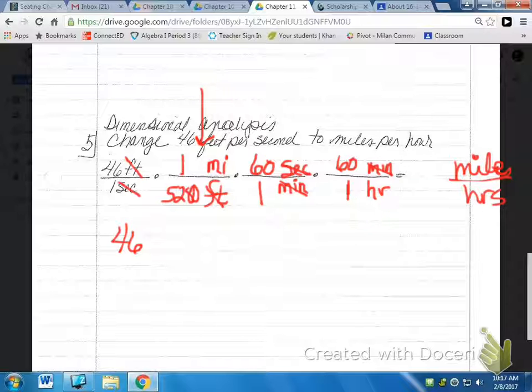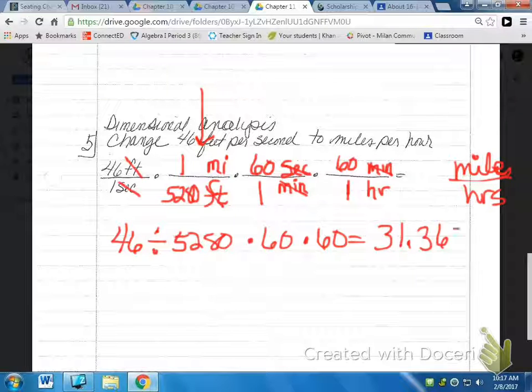If you guys got calculators, this is what I want you to punch in. 46 divided by 5,280 times 60 times 60. What did it tell you? 31.3636, and so on. We're going to round to the nearest tenth.